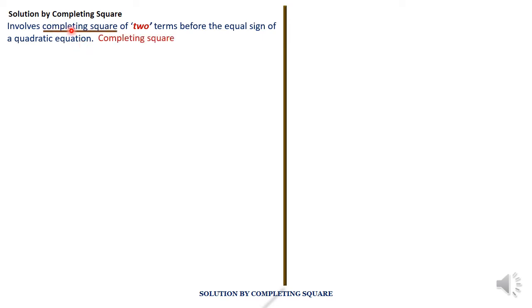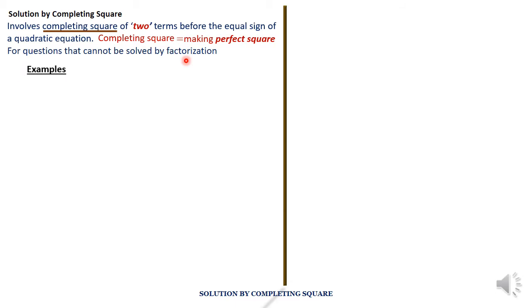Completing the square in this case means coming up with a perfect square. This might not be as clear now, but I'm going to explain that in actual examples. We normally use this method when you're looking for solutions to questions which cannot be solved by factorization, and so we usually use this method for that particular reason.